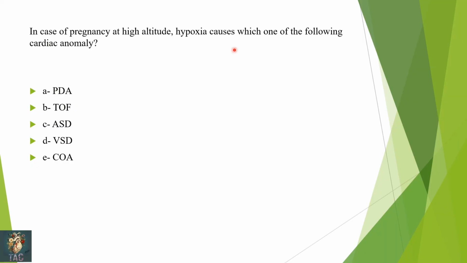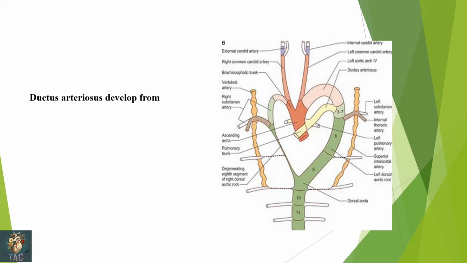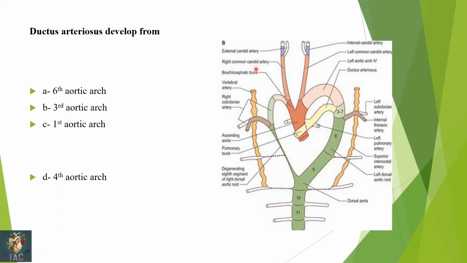So remember, this is a very important MCQ from the exam's point of view, most commonly present in exam, and answer is the patent ductus arteriosus. Next MCQ is ductus arteriosus developed from 6th aortic arch, 3rd, 4th, 4th, 1st, 4th, or 5th. So here you can say this is the 6th aortic arch from which ductus arteriosus is developed. So option A is the correct option.